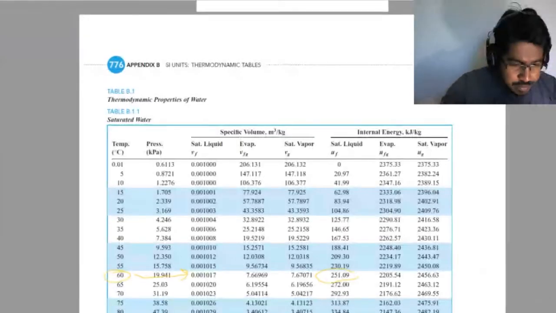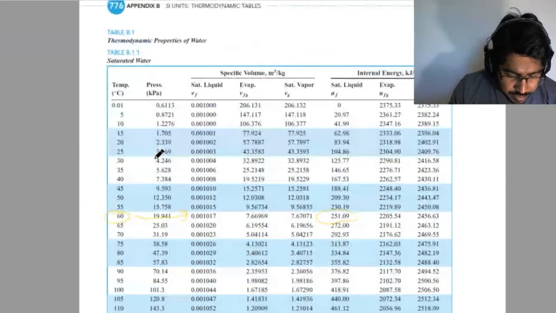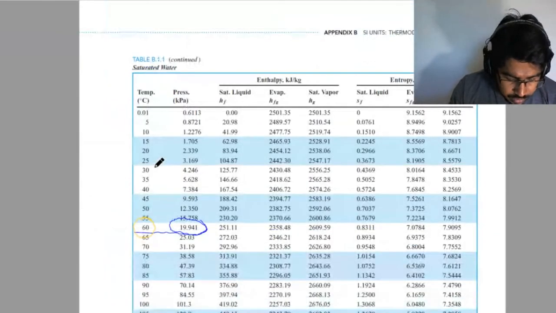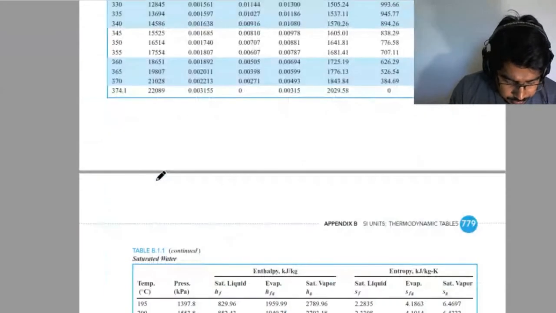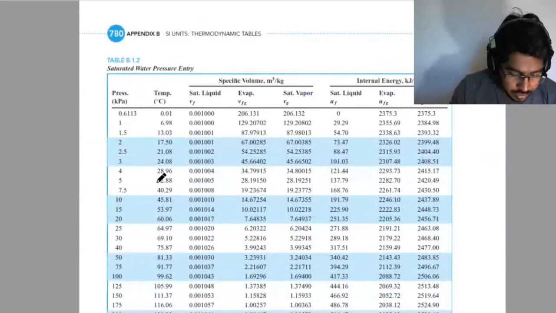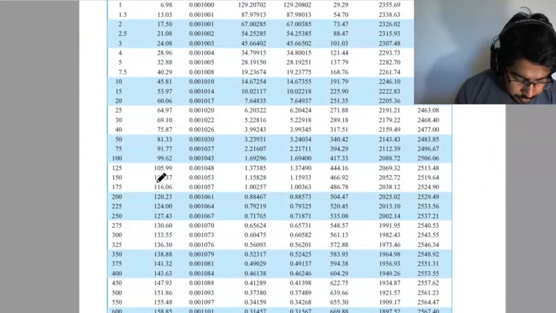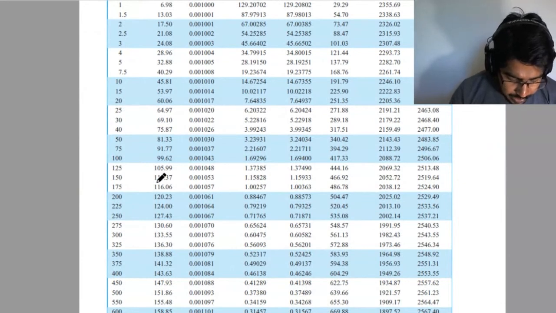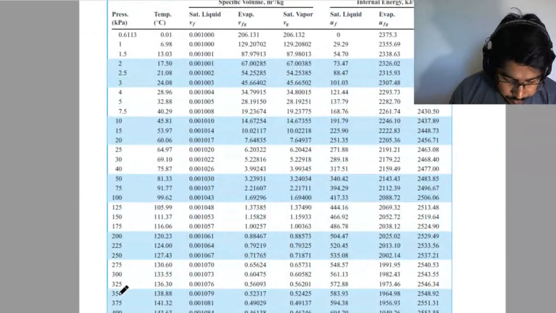What we are looking at right now are temperature entry tables, so we go down to saturated water, and it's still temperature entry. Okay, now we have pressure, 350 kilopascals. Now we want to find Uf and Ug, so in the saturated water pressure entry table, we have Uf and Ug.